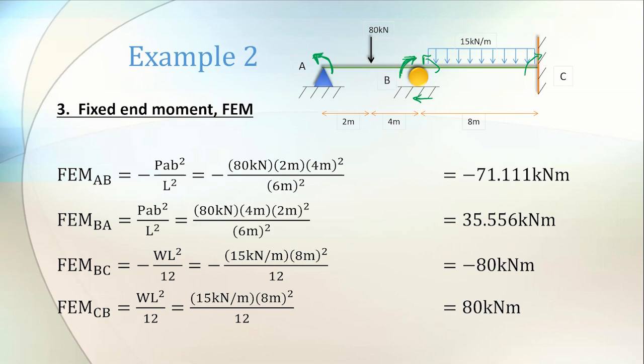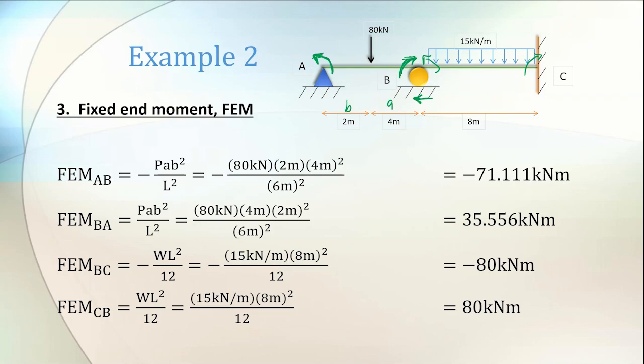Tapi here, if you look at the value of A and B, dia terbalik, because this one become A, you have to look at macam from B, you tengok, so you jumpa 4 meter dulu, so this one become A, and this 2 meter become value of B, and divide with the total length of beam AB, then you get 35.556 positive, sebab kita assume dia clockwise.